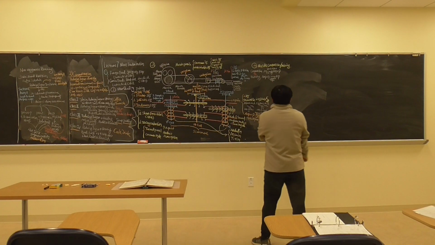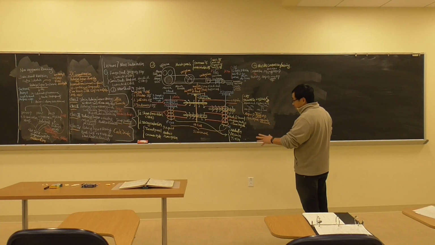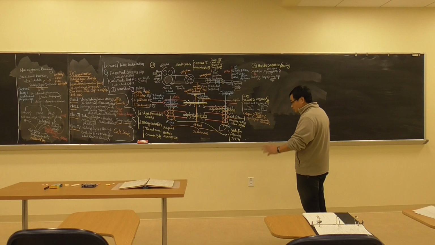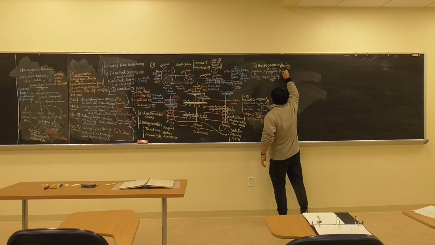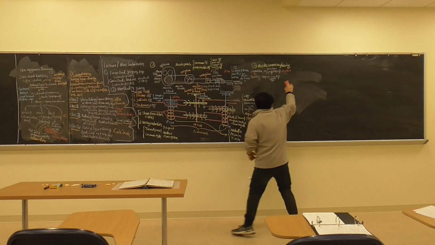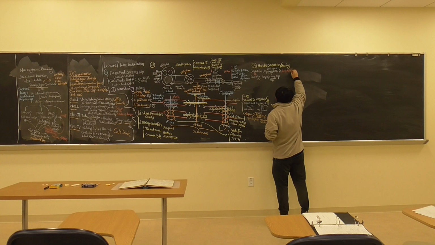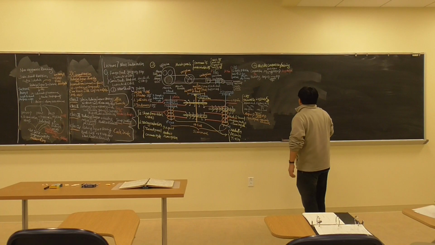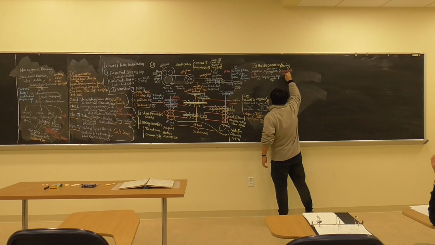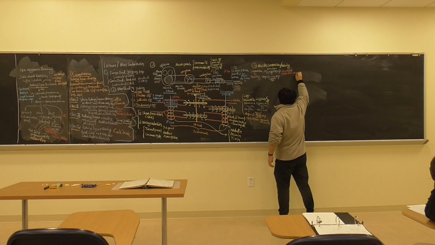So, how does muscle contraction happen? During the muscle contraction, they have a very important neurotransmitter, acetylcholine. This acetylcholine is a neurotransmitter. They will give the brain a signal, okay?